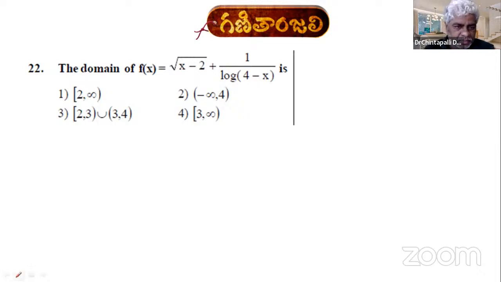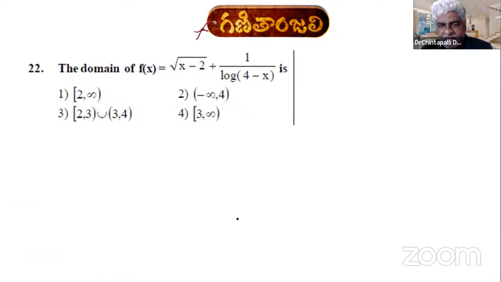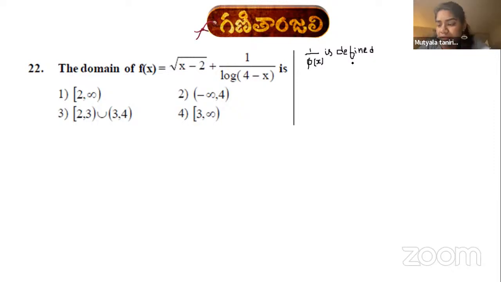First, there are three golden rules in finding the domain of a function. The first rule is something by f of x, that is, 1 by f of x, is defined when the denominator is not equal to 0.